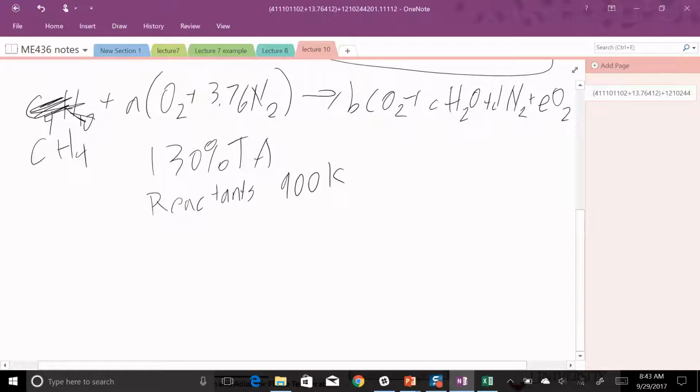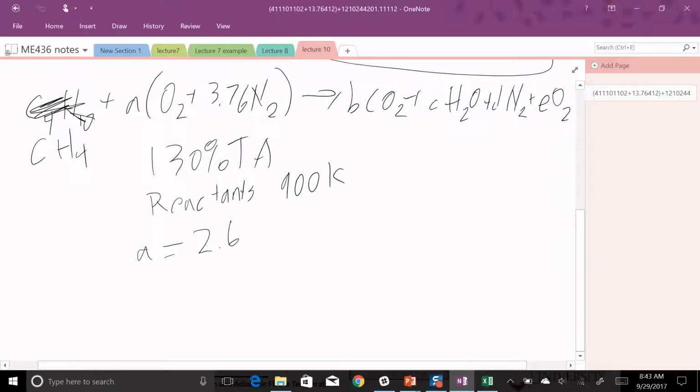So if we were to balance this stoichiometrically, how much oxygen are we going to need? Well, we're going to need one oxygen to burn the carbon, and we're probably going to need one oxygen to burn that hydrogen. So A, at stoichiometric conditions, is going to be 2, and then at 130% theoretical air, that's going to be 2.6.